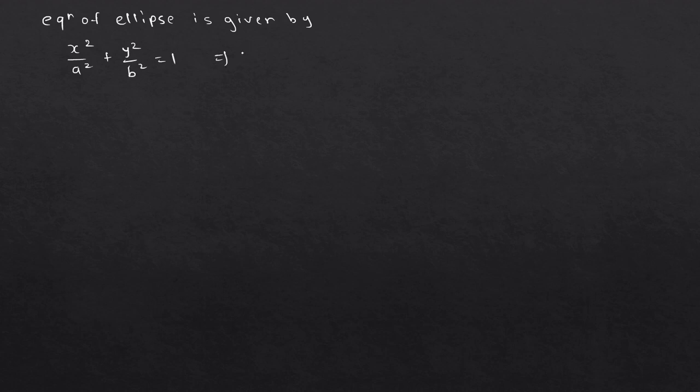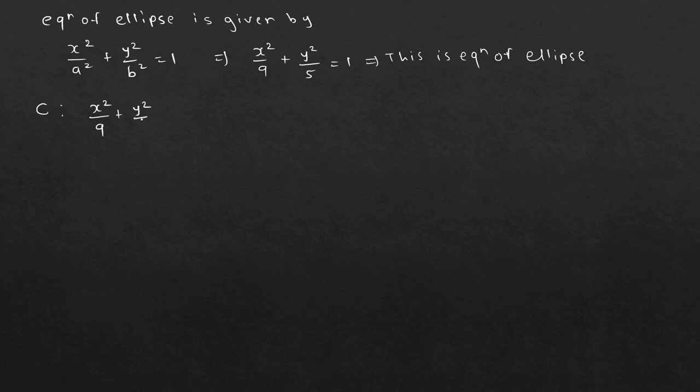So this implies x square upon 9 plus y square upon 5 is equal to 1, and this is the equation of the ellipse. Okay, so C is x square by 9 plus y square by 5 is equal to 1. Now we have to evaluate.